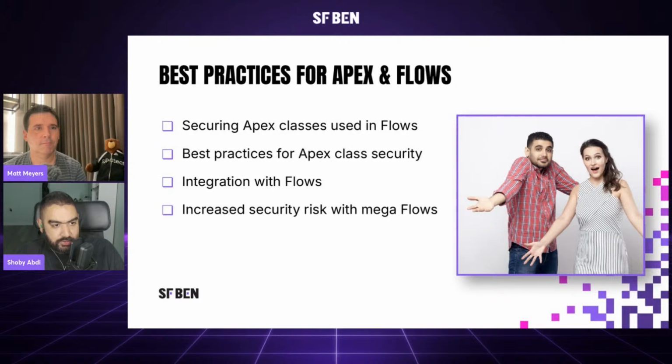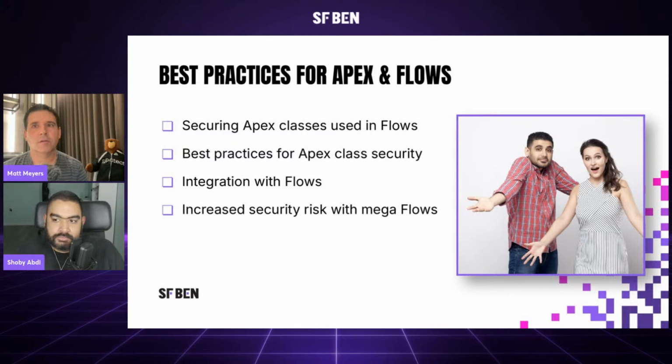Because that class may run in a completely different context from scope to scope. It may be used in different scopes as well. So don't just lean on, oh, the flow's got the check on user permissions, that's fine, it's running in user context. No, you could also use some of those accessibility methods, like isReadable, and a lot of those metadata checks that you can do in Apex as well. You should be using that in there.